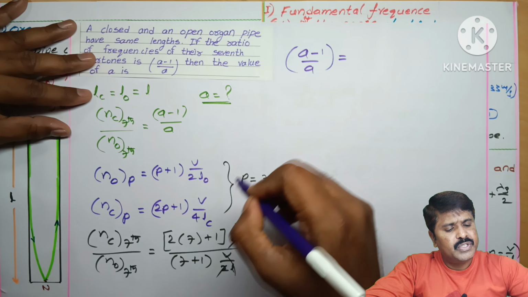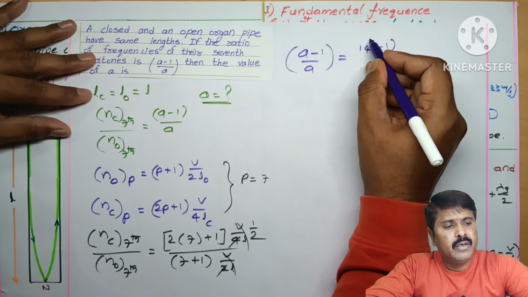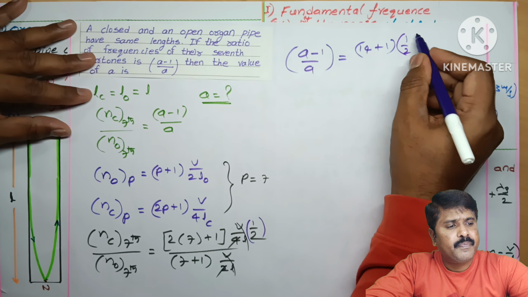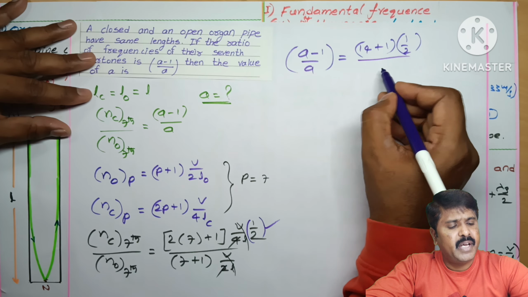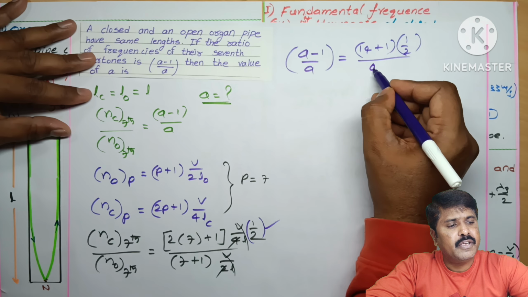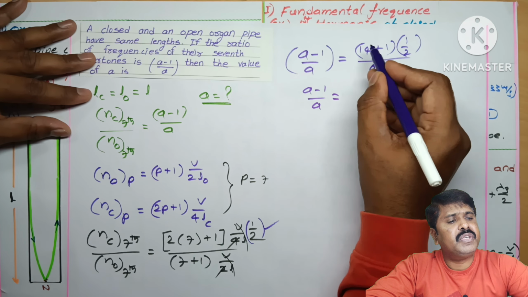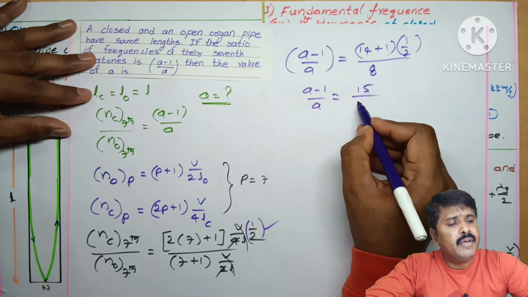Which is equal to the numerator: 7 2s are 14 plus 1. Here the value 1 by 2 is there. After calculation I got this, student, divided by 7 plus 1, which is 8. So A minus 1 divided by A is equal to 15 divided by 16.